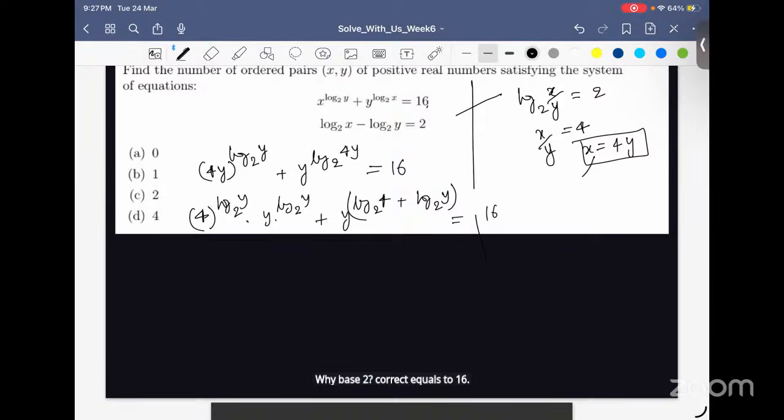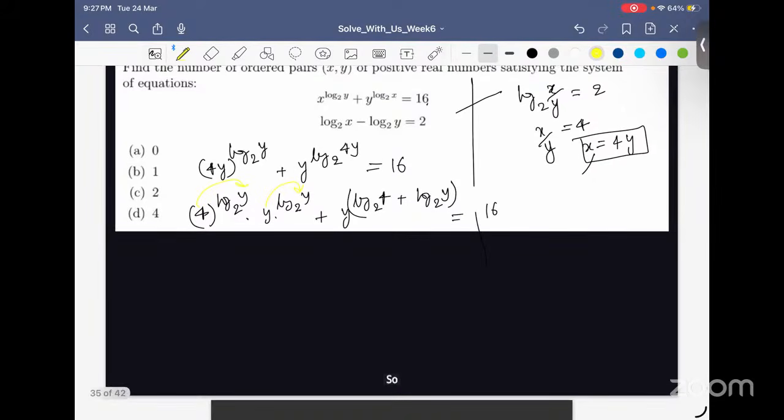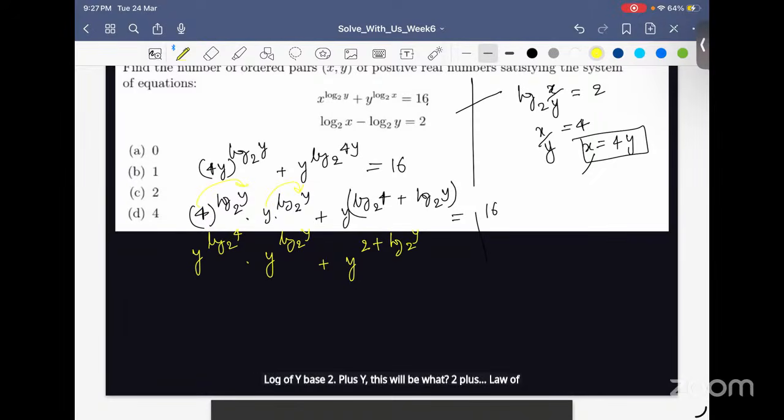Okay, so now this can be exchanged. So we'll be left with what? Y to the power log of 4 base 2, same y log of y base 2, plus y. This will be what? 2 plus log of y base 2.